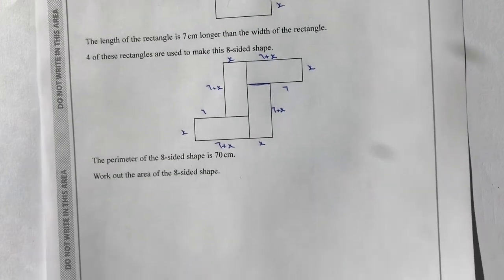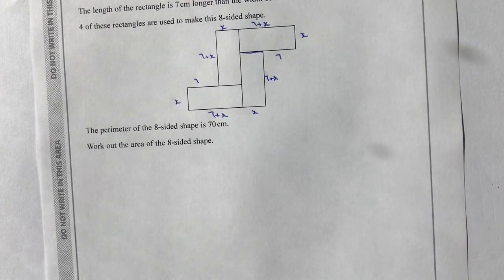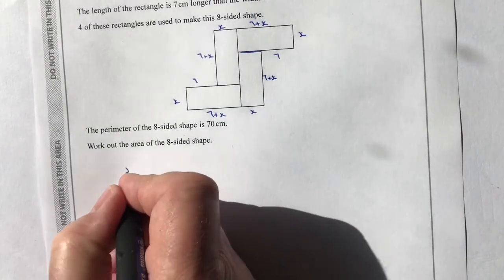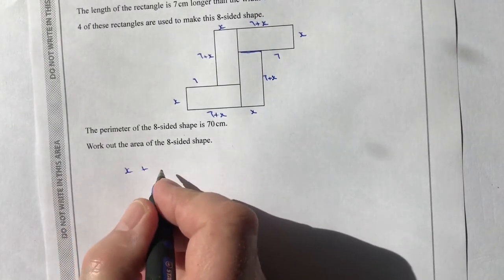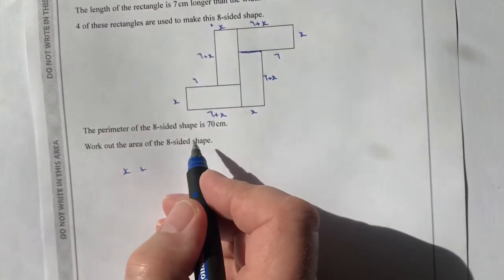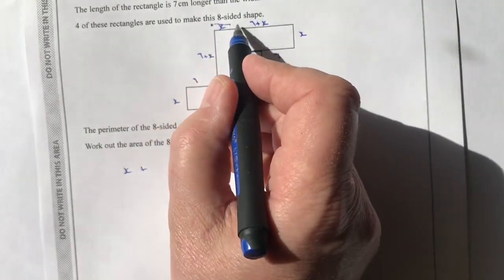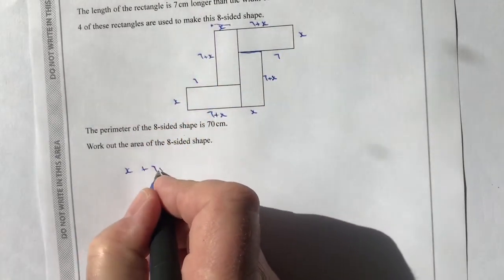So really if I wrote this out now in a big long stream of information, what I'm going to get is x plus, so I'm starting here, okay? Remember it's the perimeter, so this is my x, then 7 plus x, okay?